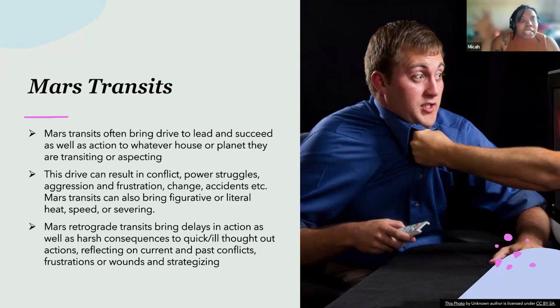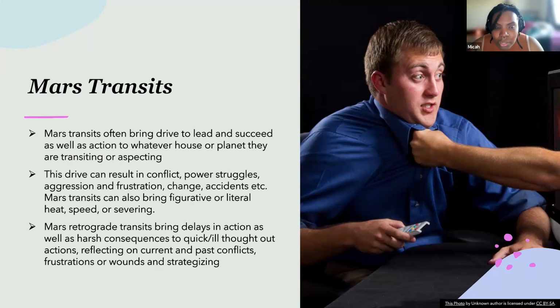Ideally, because Mars on its own wants to react, to act and do the thing and go after something, Mars retrograde is going to suggest that you slow down and strategize. Can you just act during a Mars retrograde? Absolutely.